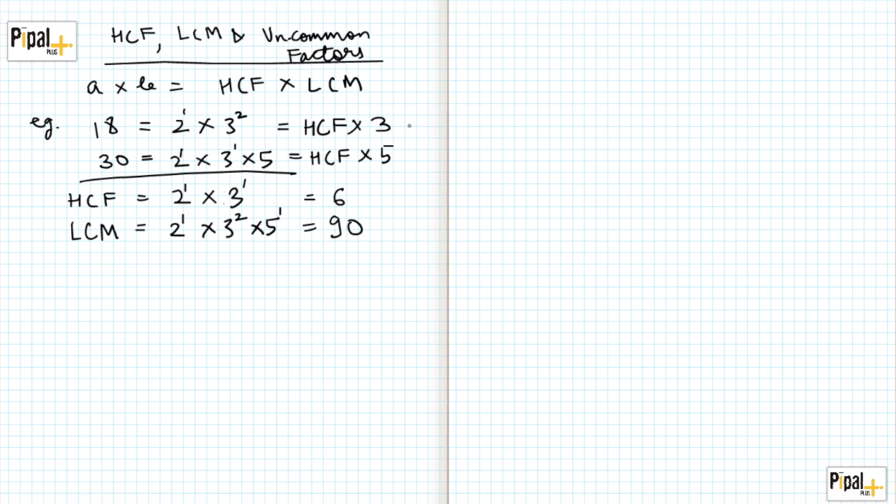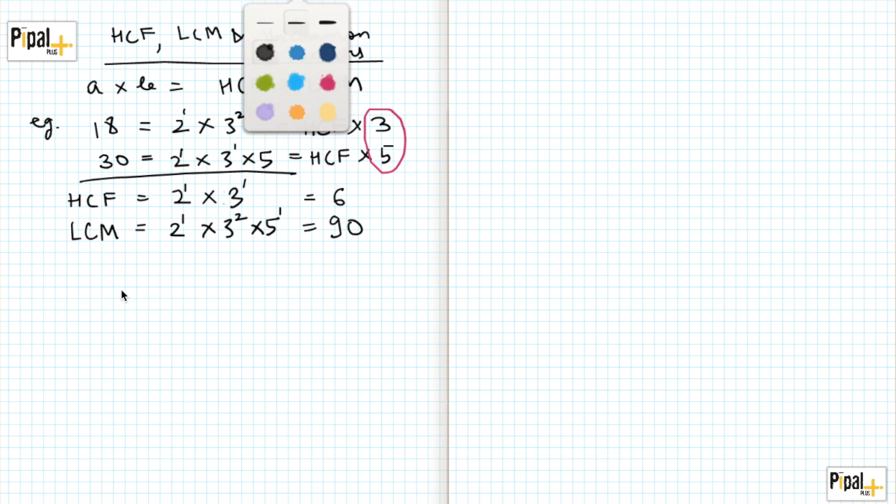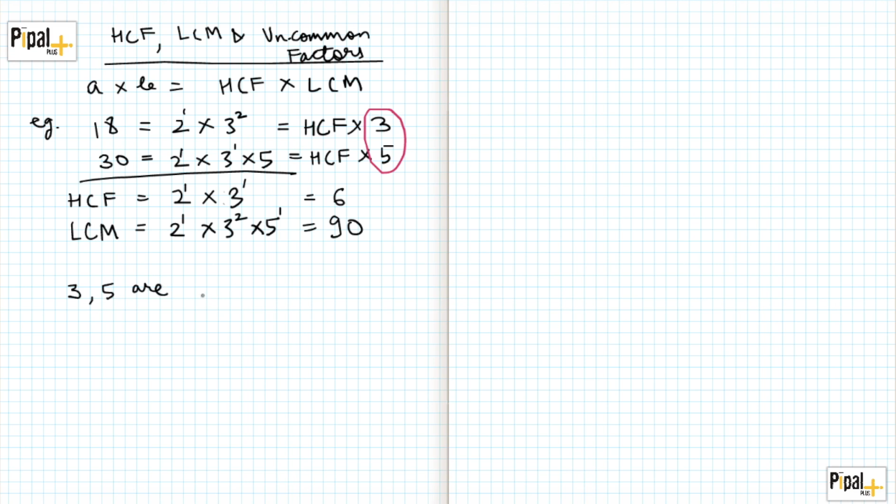Now, it's interesting to note that these two numbers will have nothing in common, or in other words, these two numbers are going to be co-primes. So 3 and 5 are the numbers which are uncommon, let me say, right? Because the extra 3 is missing in 30, and the extra 5 is missing in 18, right?